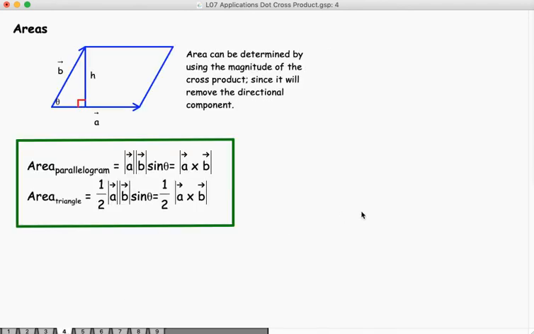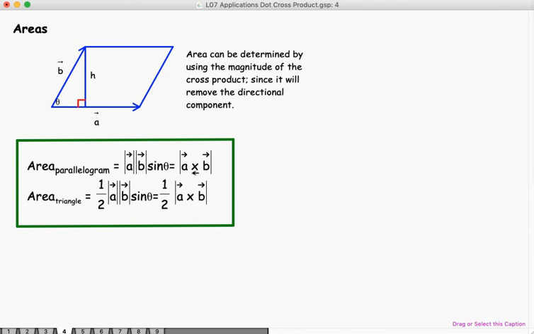All right, so our next application that we're going to be looking at is areas. And so we can find areas using the magnitude of the cross product, because it removes the directional component. Remember, the cross product is a vector, but the length of the vector is equal to the area spanned by the parallelogram. So I could find the area of this parallelogram by doing the magnitude of the cross product.